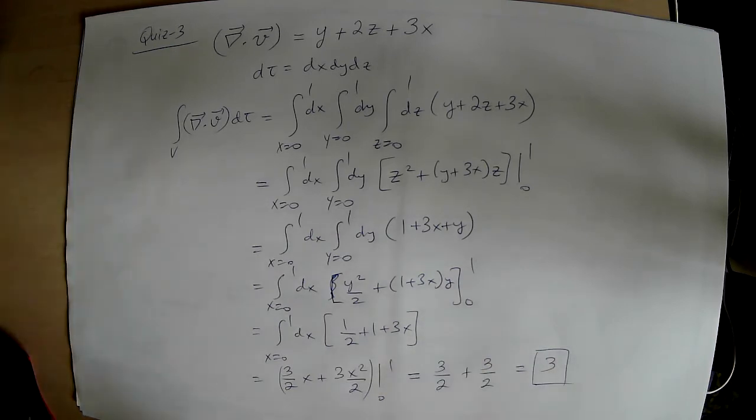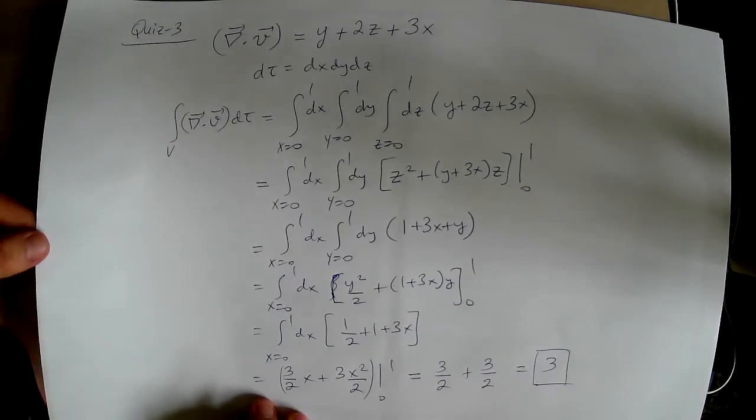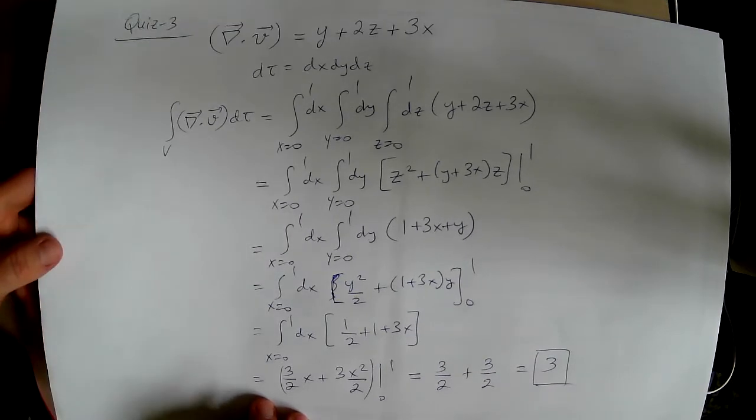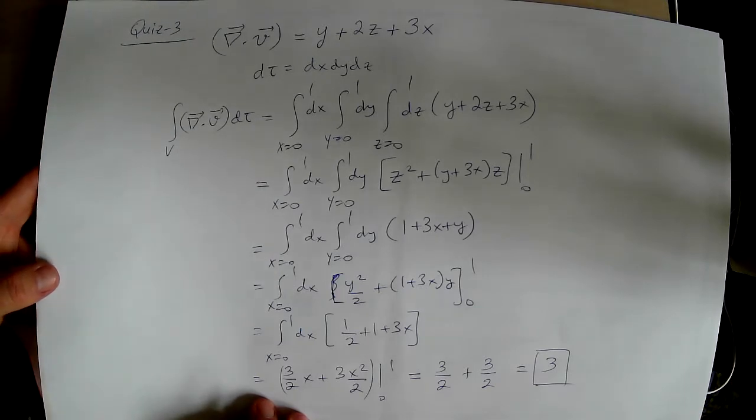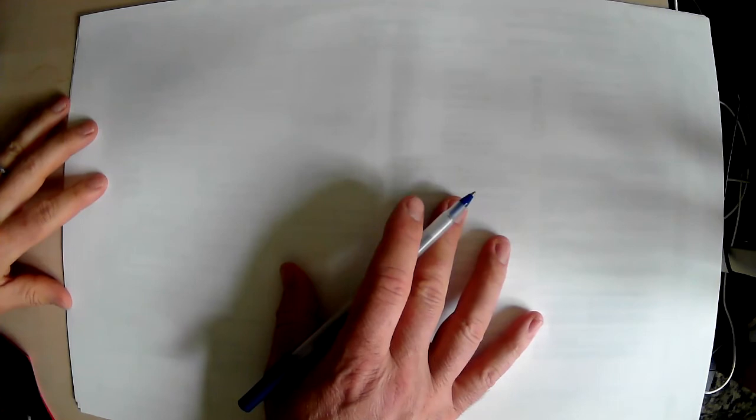Now I need 2 surface integrals, along with the 4 of them already completed, that will finish the job. So let's do the surface integrals. Now, the surface integrals parallel to xy and yz plane are done.